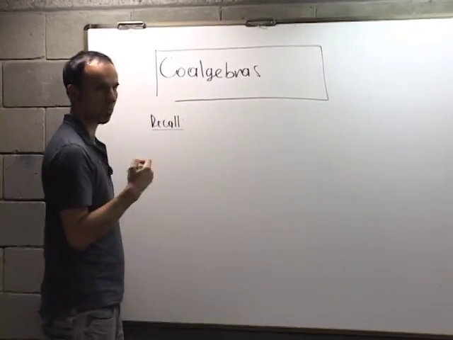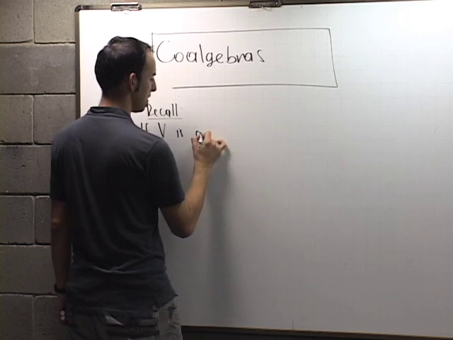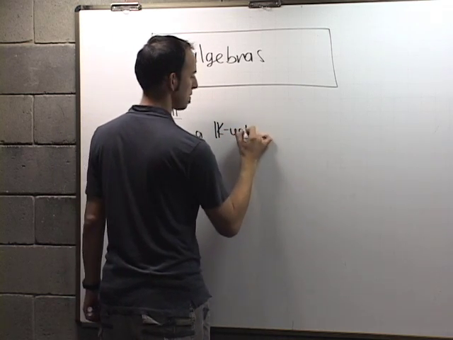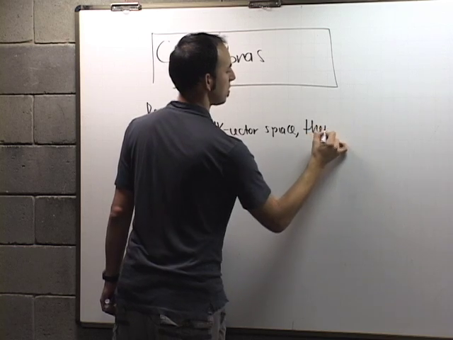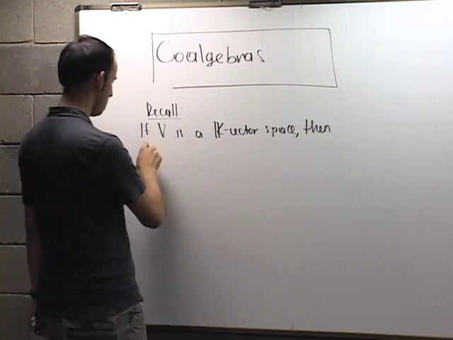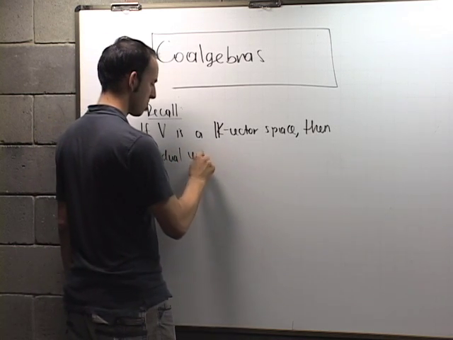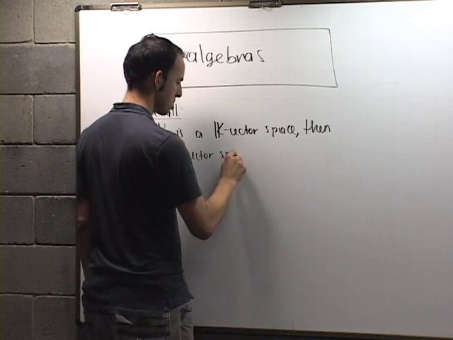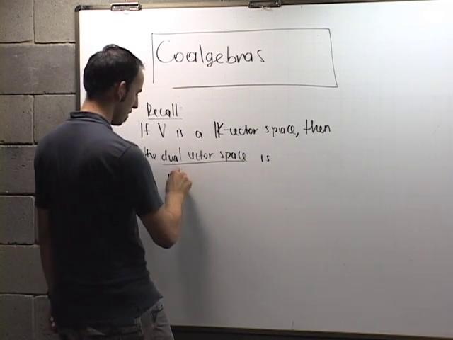So recall that if you have a vector space, V is a K vector space, then we have something called the dual vector space, right? The dual vector space is denoted V star.